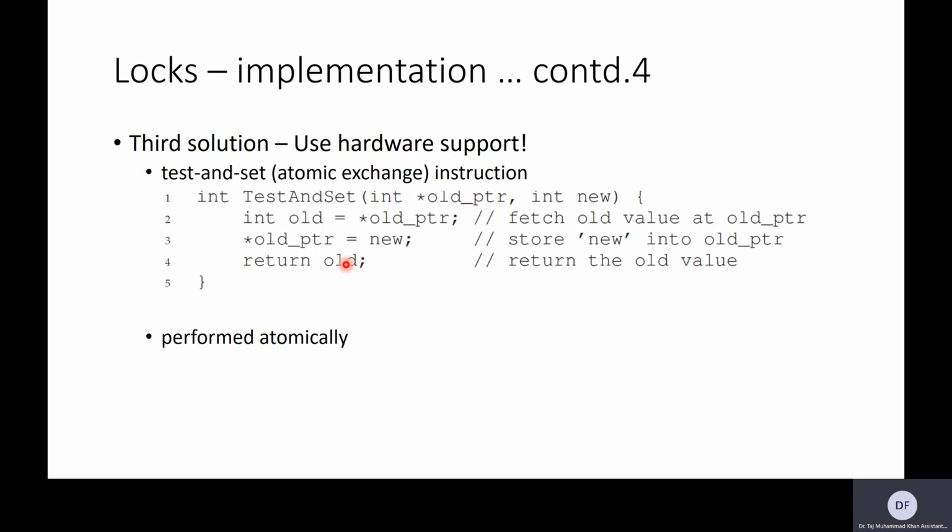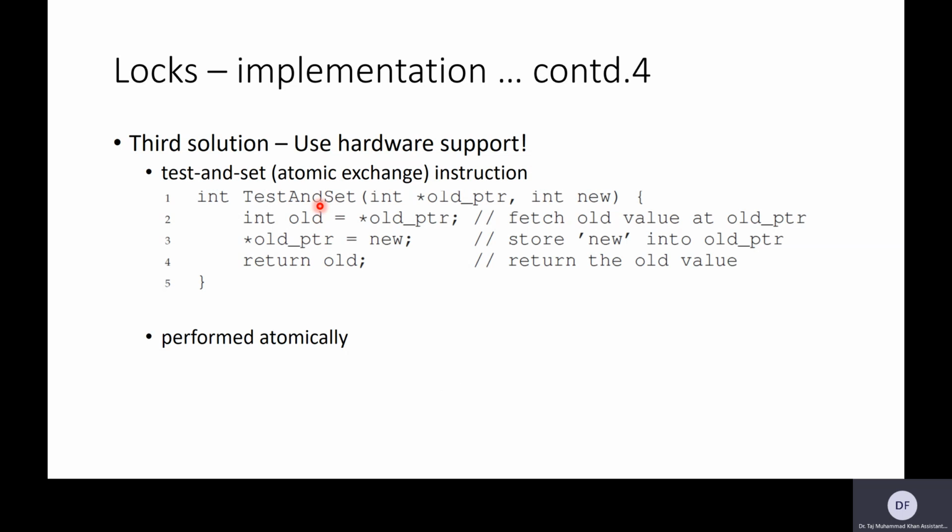So this is basically reading a value, returning this old value, and writing this new value to the pointer address. And this exchange is basically done at assembly level atomically. Remember, an atomic operation is something that either happens completely or does not happen at all.